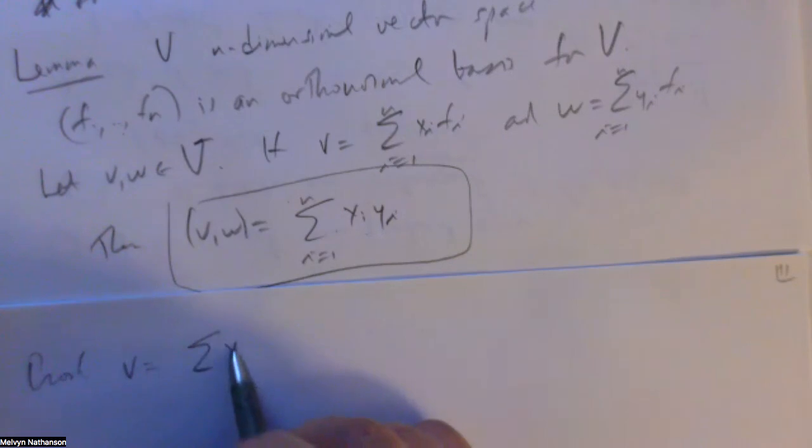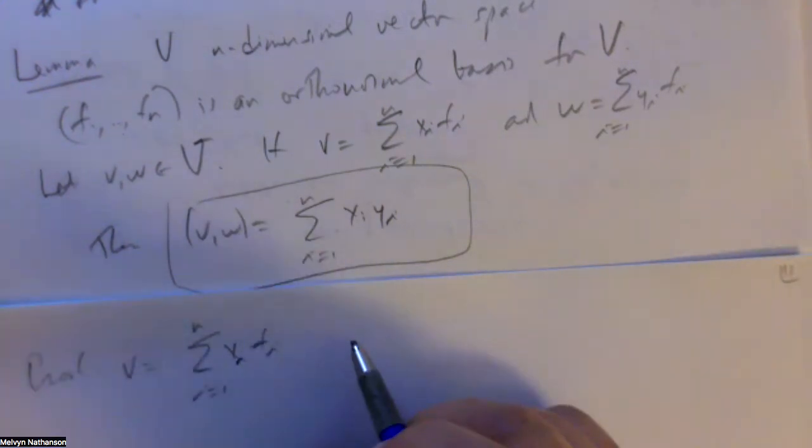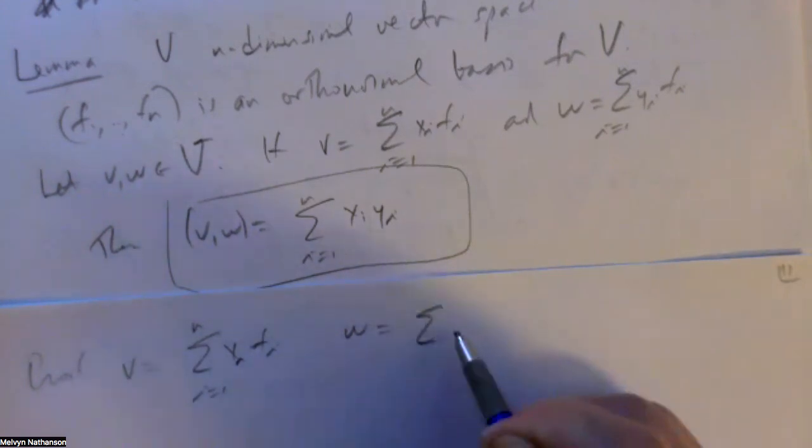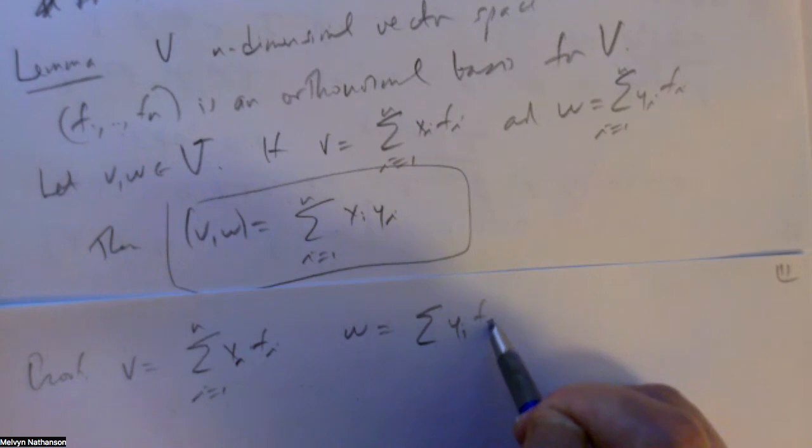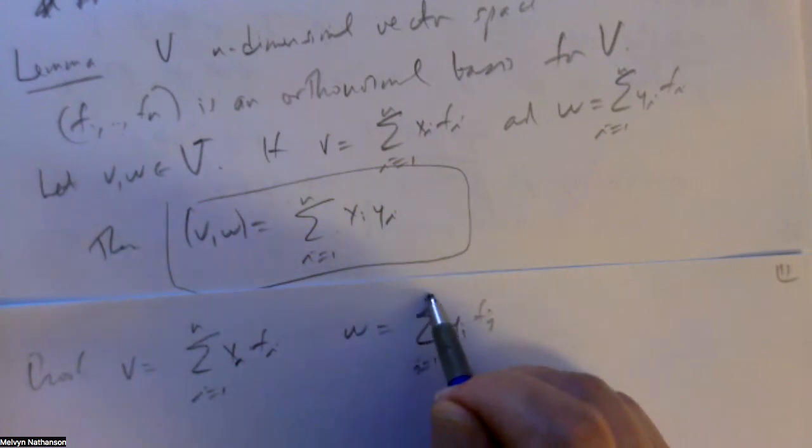And the proof of that is just a straightforward consequence of the definition of bilinearity. So we have v is summation xi fi, i goes from 1 up to n. Let's say w is summation, let me use j as an index, yj fj, j goes from 1 up to n.